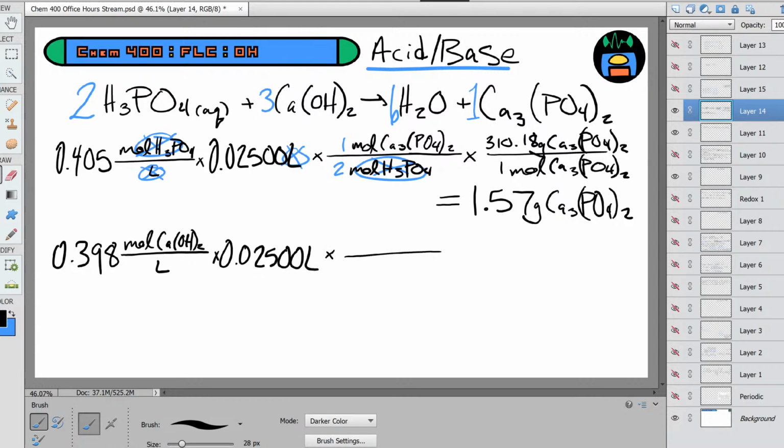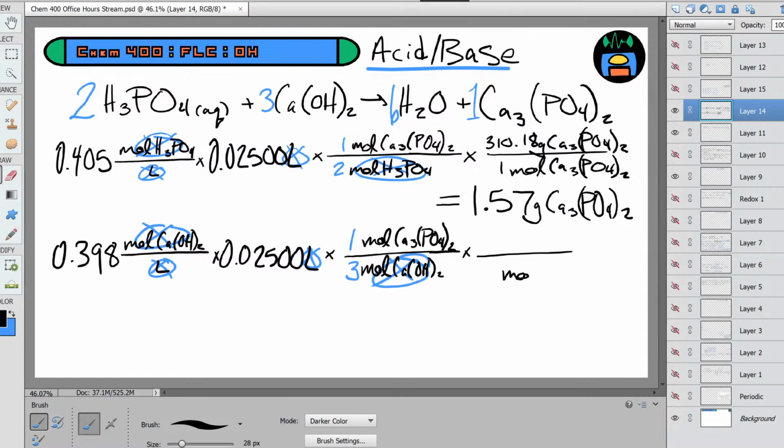Now we got to convert from liters, cancel liters. And we need to convert from moles of calcium hydroxide to moles of calcium phosphate. This ratio is a 3-to-1 ratio. Moles of calcium hydroxide cancel.